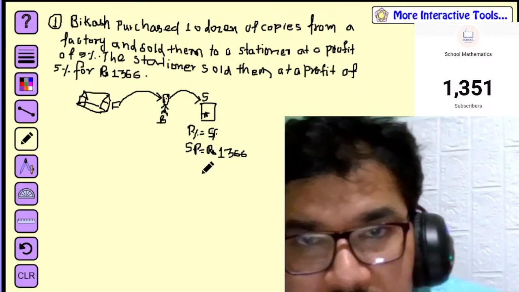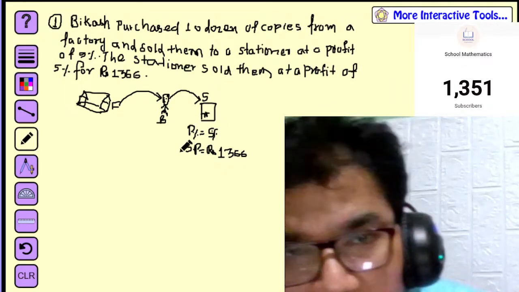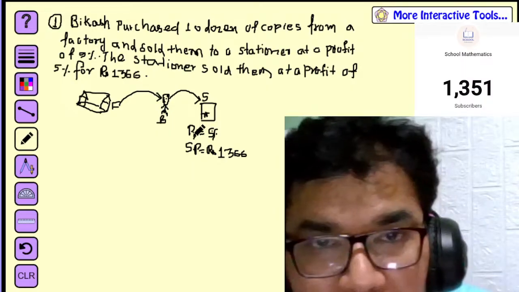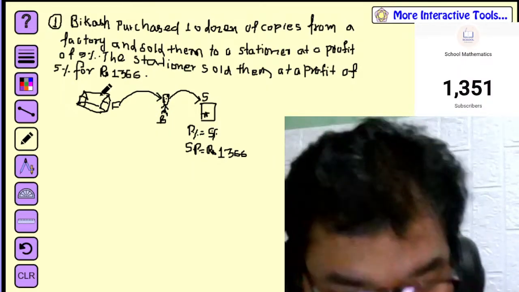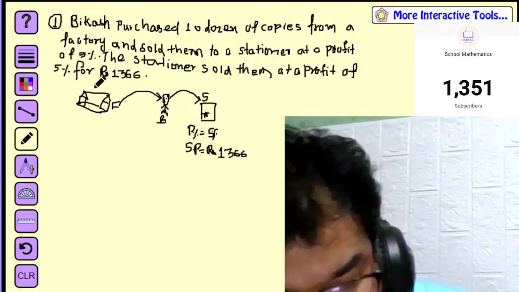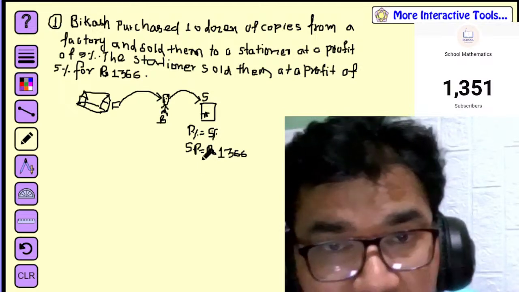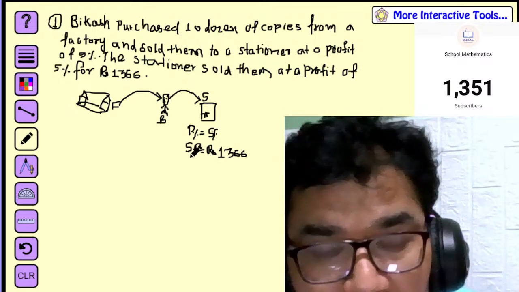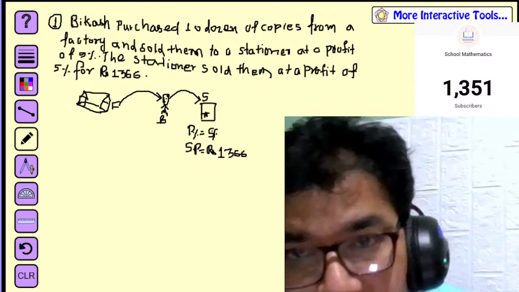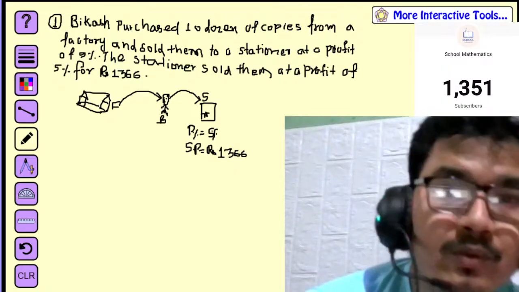With the help of this, the stationer will sell to the customer. Then if it is asked to find what was the cost price for this stationer, we can find it easily.